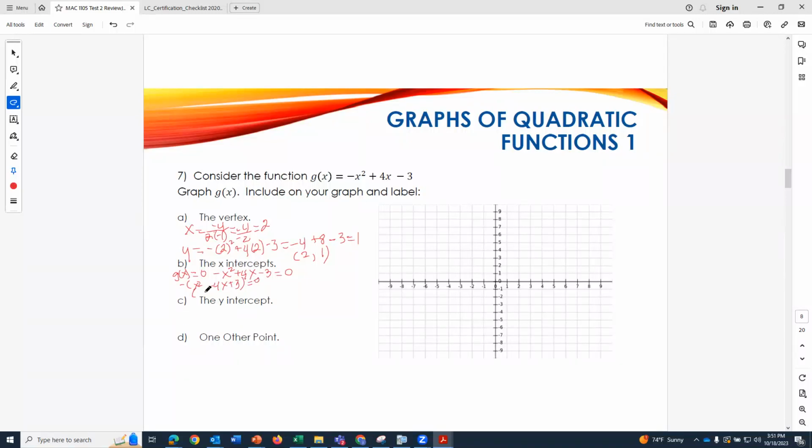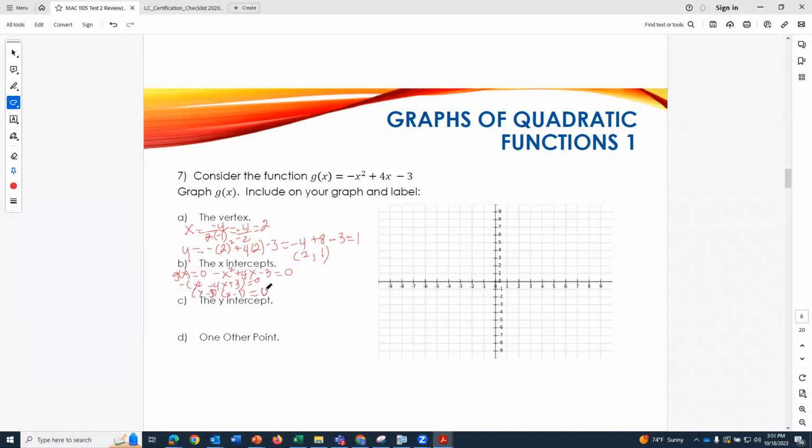We factor this: x, and 3 times 1, both have to be negative because we have a negative sign in the middle and this one is positive.